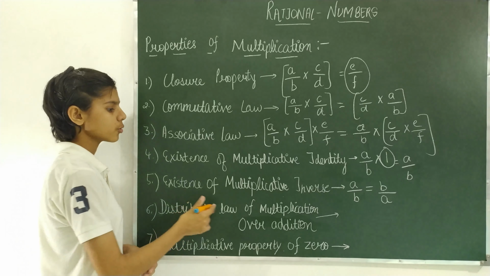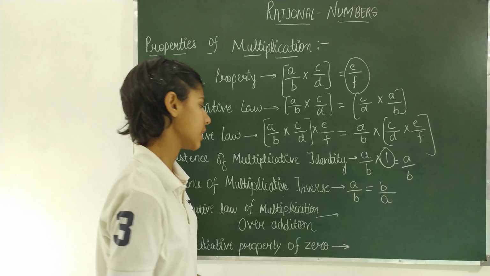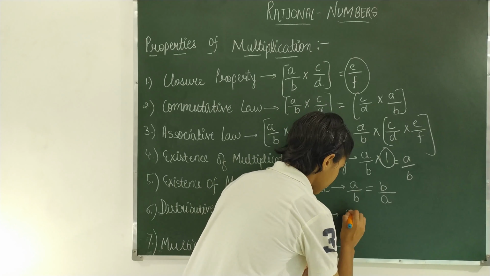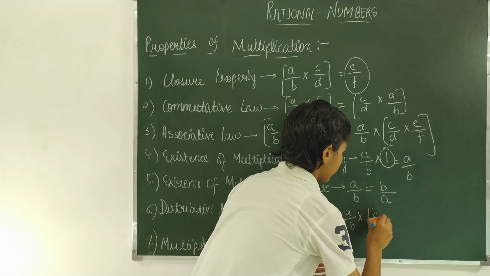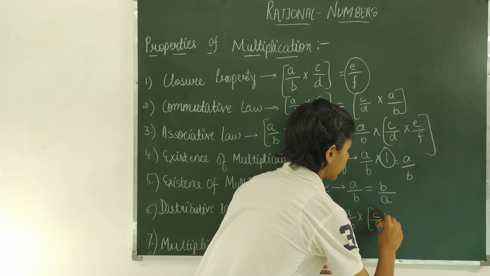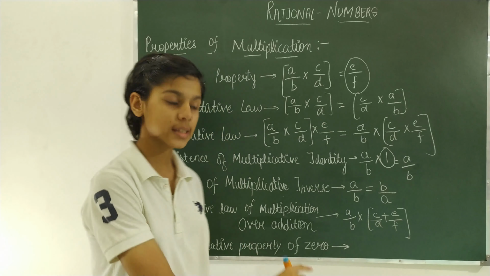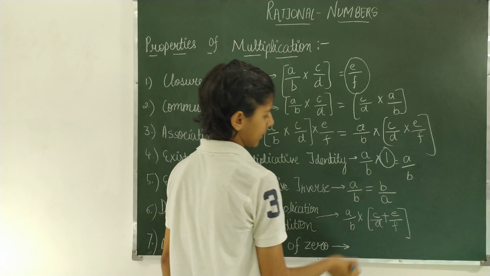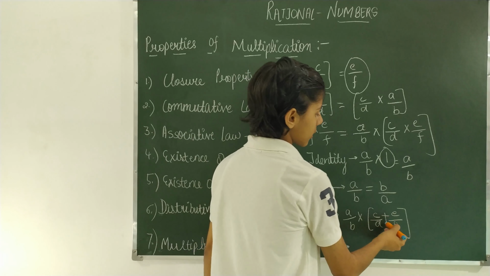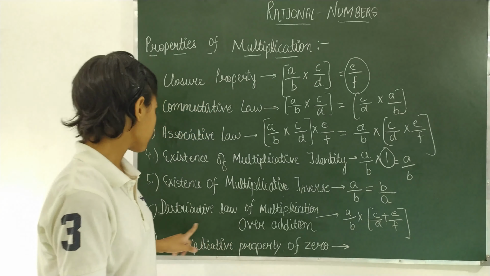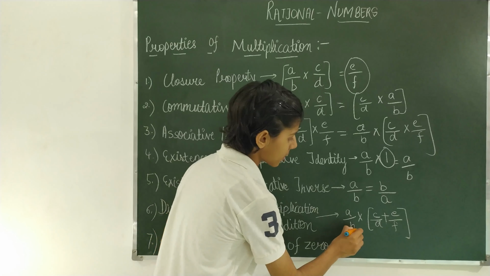Next is distributive law of multiplication over addition. Means any three rational numbers, for example a by b into, in the bracket, c by d plus e by f. You can see here that a rational number a by b is multiplied by these two, which are in the sign of addition. So distributive law of multiplication over addition means this a by b will distribute.